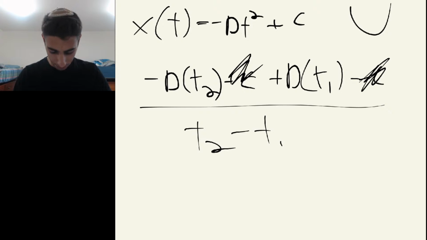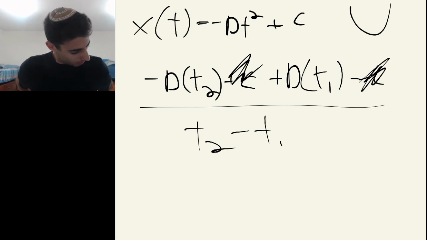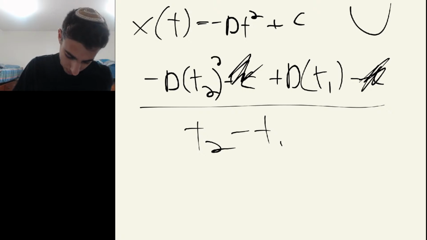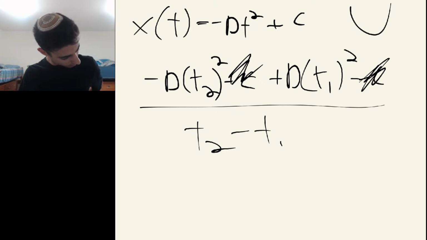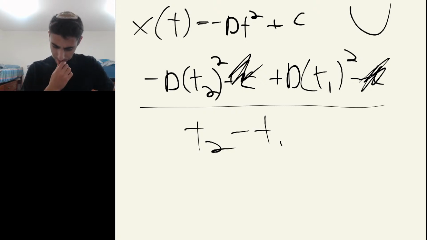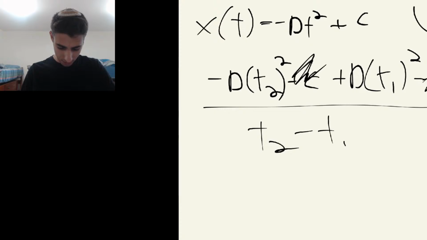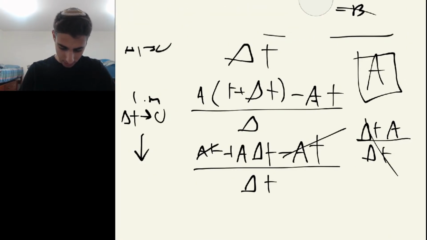Wait, hold on. This is weird. Oh, it's squared, by the way. Sorry, t sub 2 squared and t sub 1 squared. How about we just get a negative out? Let's go back one page and erase all of this.